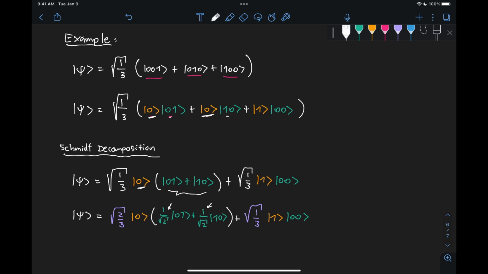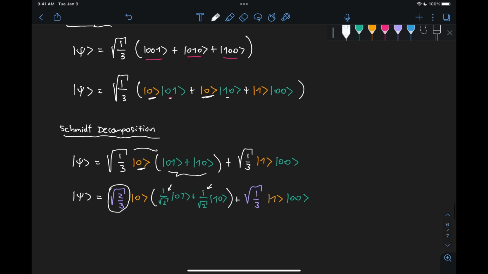But if we're taking a 1 over root 2 from this 1 over root 3, then we need to adjust for that, and then our pre-multiplier will be the square root of 2 over 3, right?